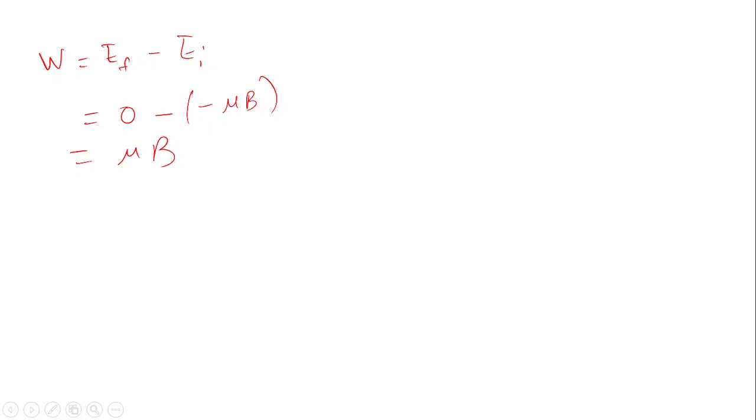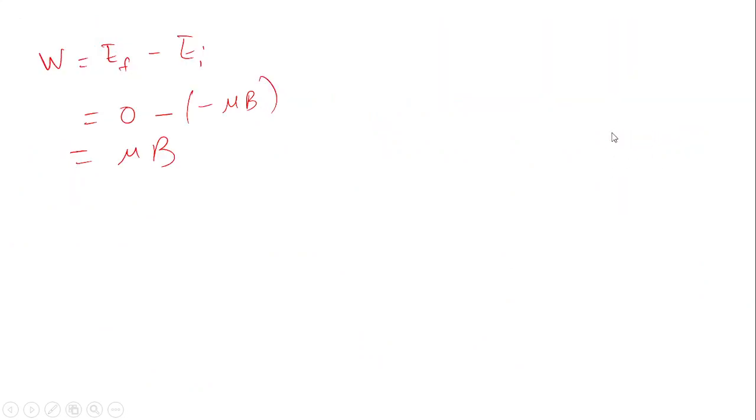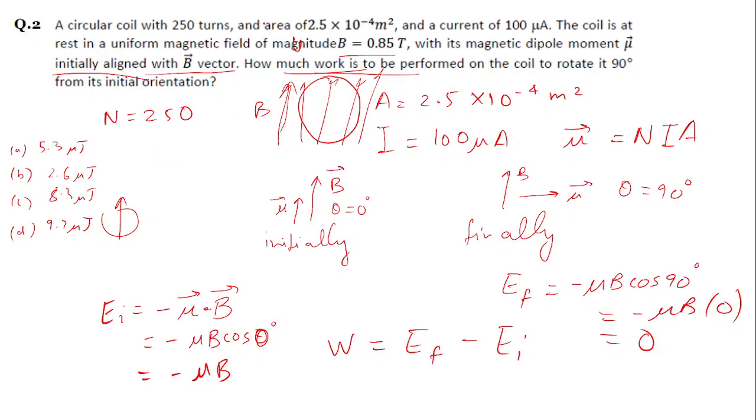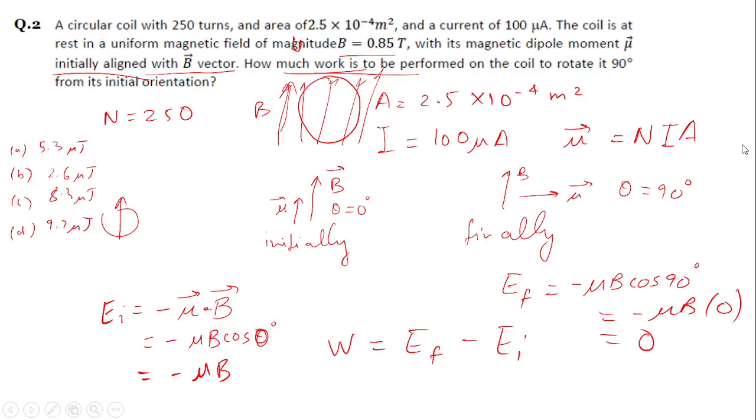Now if we need to do the calculation, we need to find out mu, the magnetic moment. Mu is not given, but this is the magnetic moment associated with the current carrying loop, so we can find it. To calculate mu, the number of turns of the coil is 250. Next we need current, which is 100 microampere.